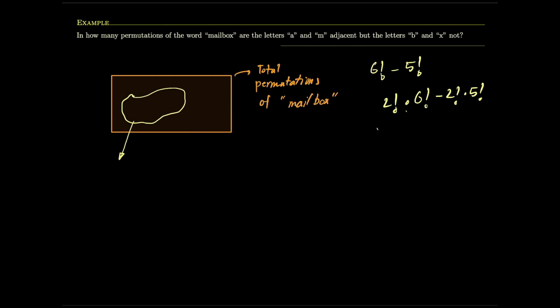So in this yellow curve, I put the items from the total number of items for which M and A are adjacent, and I don't care about what is happening to B and X. Some of them are adjacent, some of them are not adjacent, yes? So here, M is adjacent to what? To A.